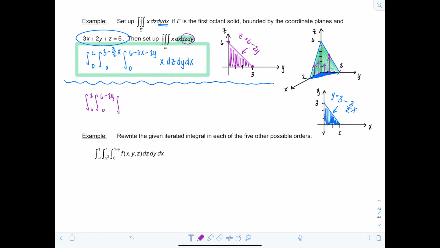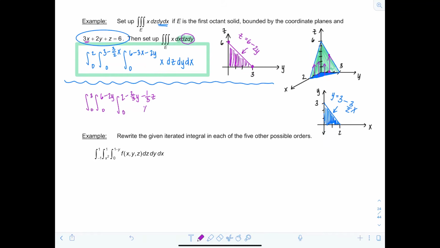And then now you're going to have to kind of turn your head sideways. So the plane is still going to determine the height, but you have to solve for x, right? So you're going to go from 0 up until, now if I solved for x in the equation here, I'd subtract the 2y and the z over and divide by 3. So you would have 2 minus 2/3 y minus 1/3 z.